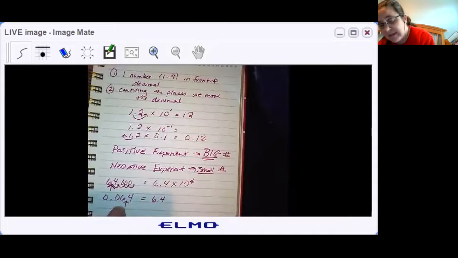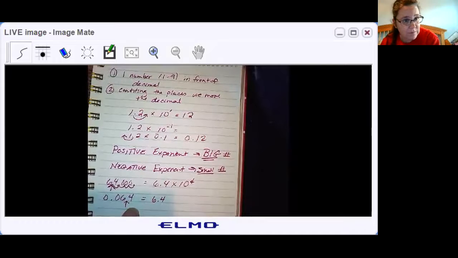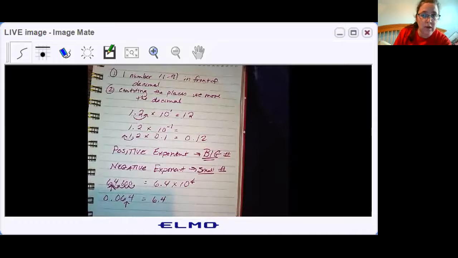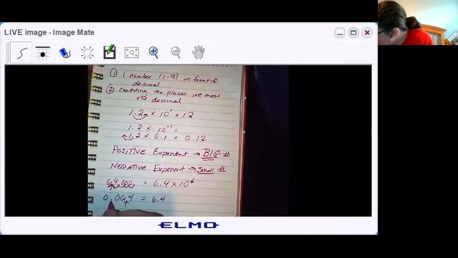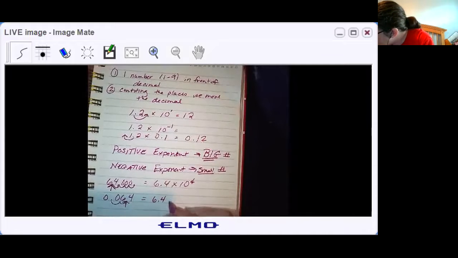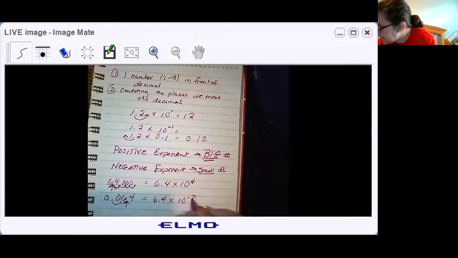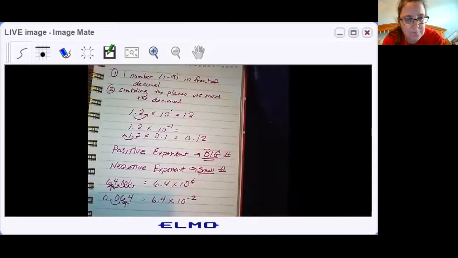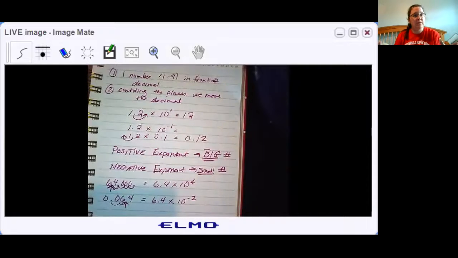But this time, this is a small number. It's a decimal number, a number smaller than 1. And I'm going to move it back 2 spaces. So it becomes 10 to the negative 2. Okay, so if it's a really big number, I had a positive exponent. If it's a really small number, I had a negative exponent.